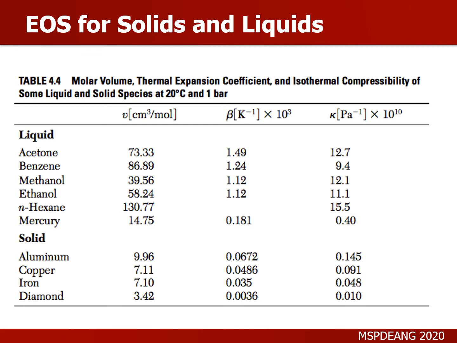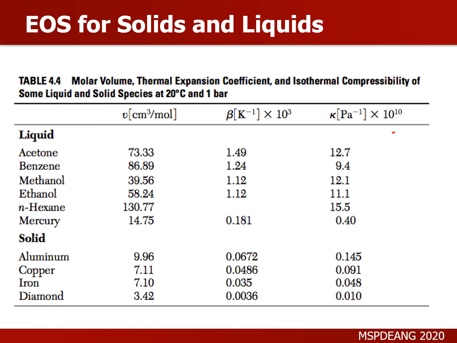Now, here are some tabulated values of the thermal expansion coefficient and the isothermal compressibility of multiple substances. As you can see, beta is typically very small, on the order of 10 to the negative 3, and some values are even less than this. And kappa is much smaller. Typical values of kappa, in units of inverse pascals, are on the order of 10 to the negative 10.